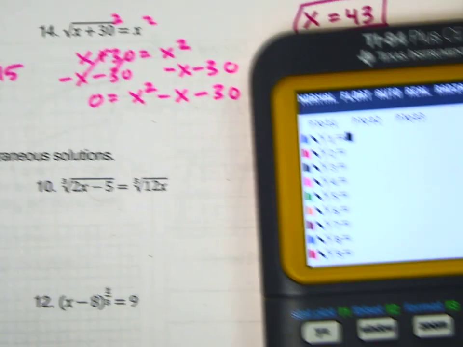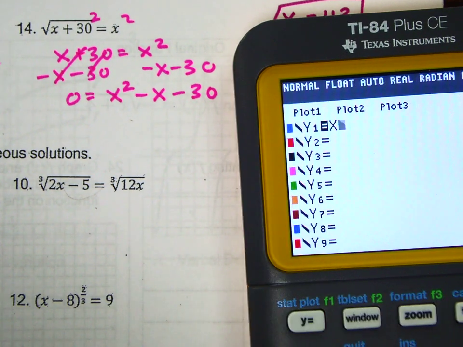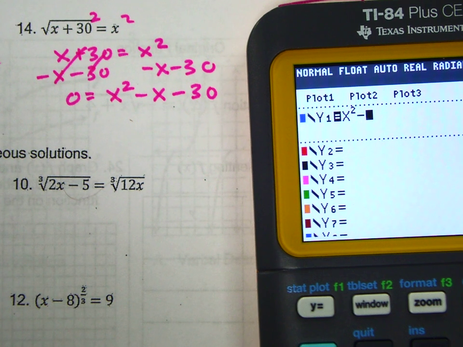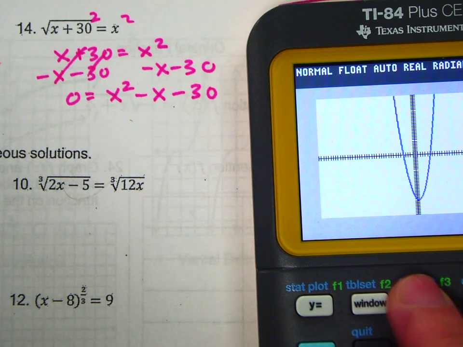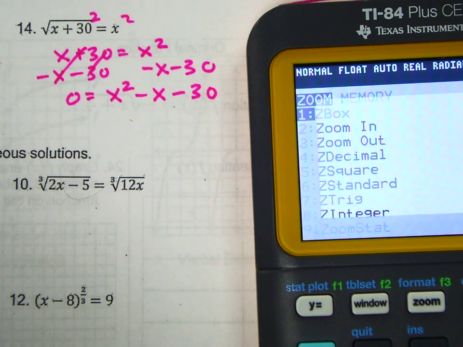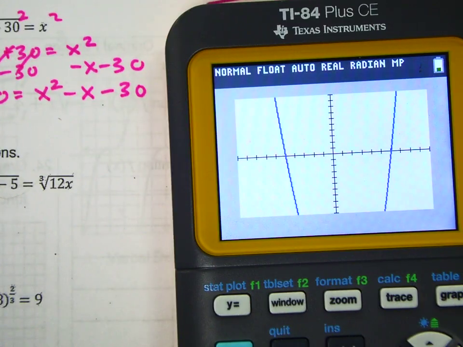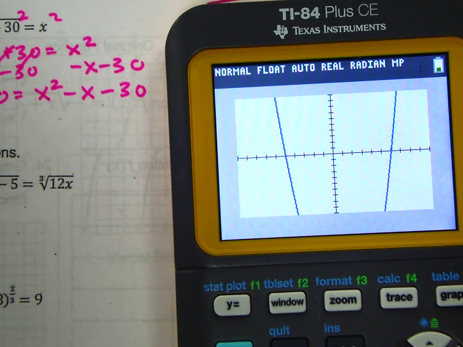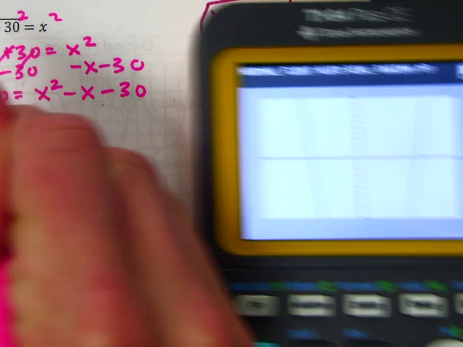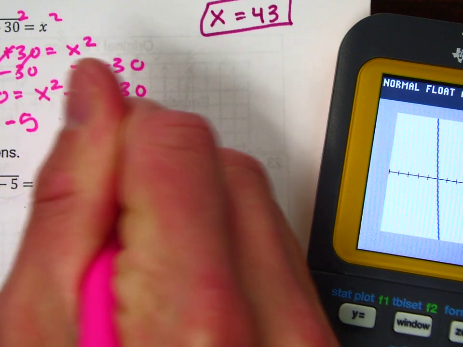Now, when you're doing quadratics, remember the easiest way to solve that is to type it in and look where it crosses the x-axis. Zoom regular. So it looks like I am crossing here at 1, 2, 3, 4, 5, -5, and 6. So my two answers are -5 and 6.